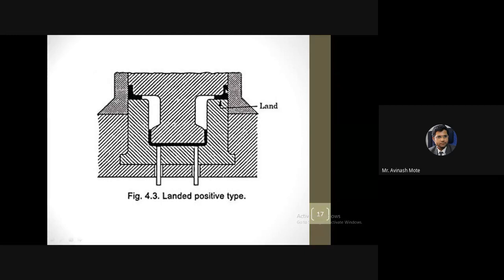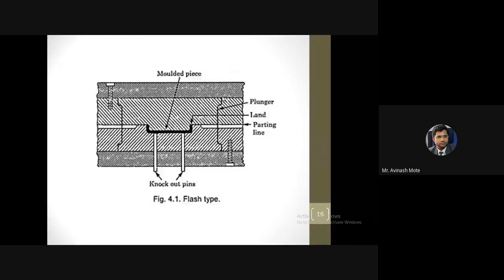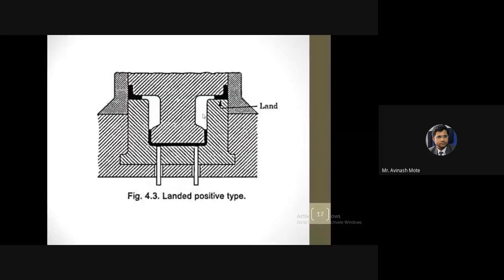Look at this, here it is shown properly, this black part is resting over this surface. It is called landing. Sometimes based on the mold design it is different, it is different in this case and in this case. So here is this landing area, the space provided for the landing of this mold part.